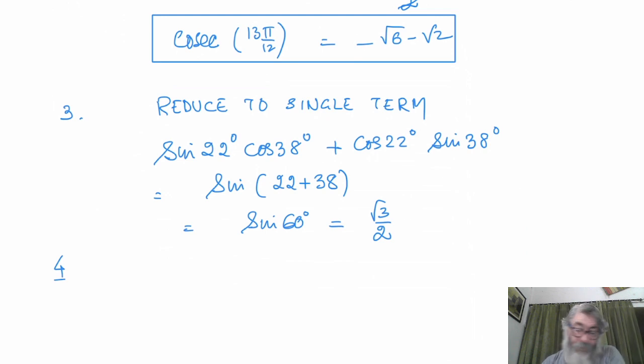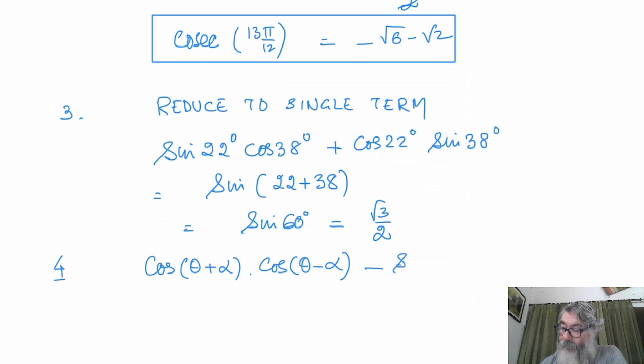Then he says cos theta plus alpha into cos theta minus alpha minus sin theta plus alpha and sin theta minus alpha.